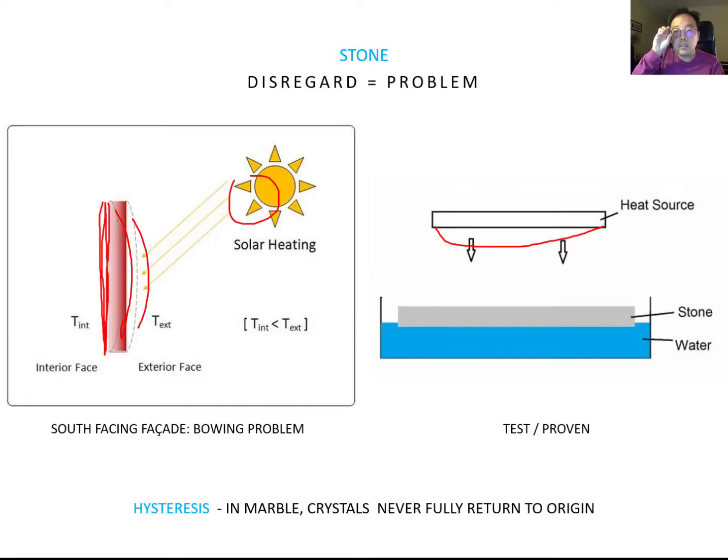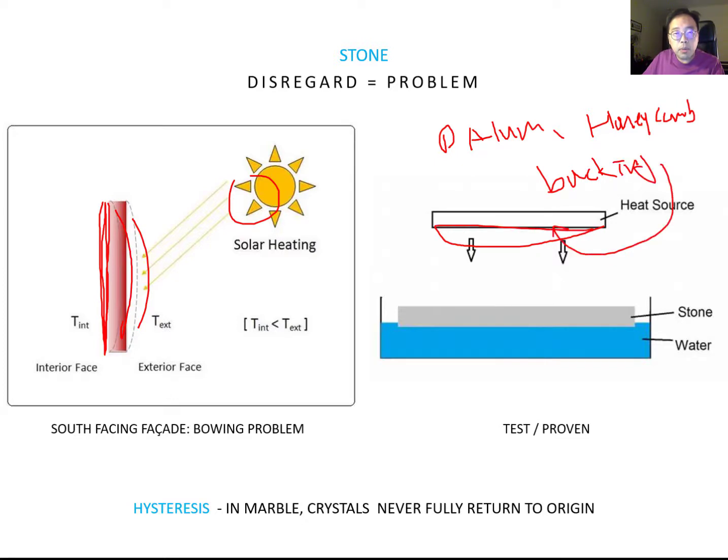It protects against this bowing issue. Okay, the number one option, you remember, is to add aluminum honeycomb backing attached to the back side of the marble panel.